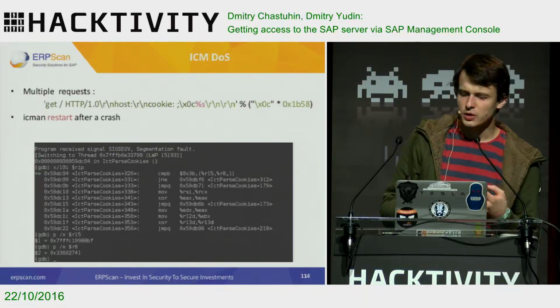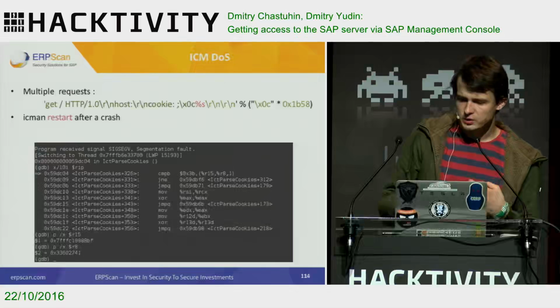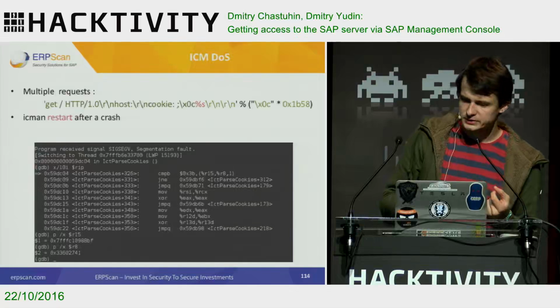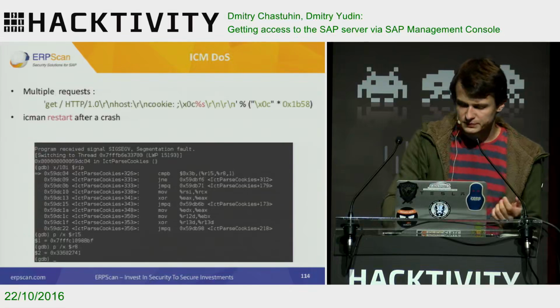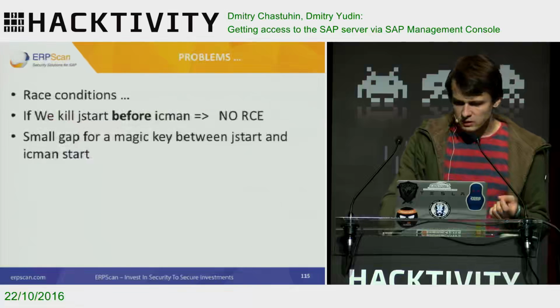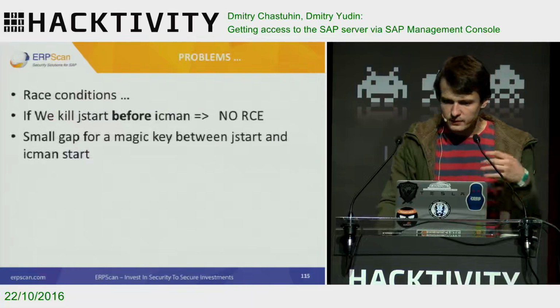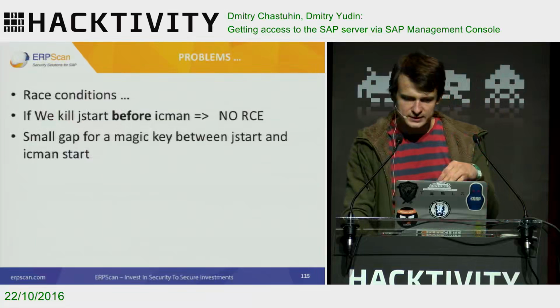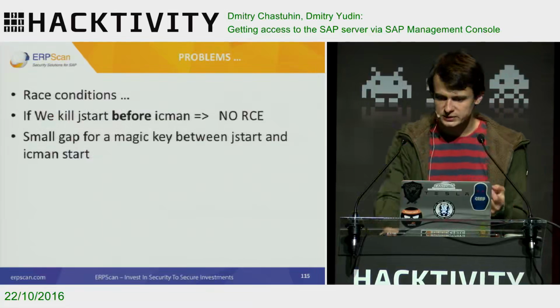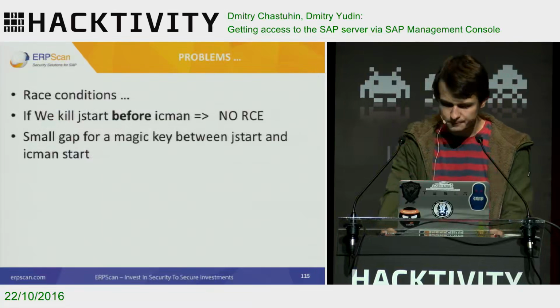It's very useful for our future attack because in this case we can execute our attack without serious consequences for the business processes of companies. And again, a race condition issue in ICM allowed us to trigger the DOS bug.